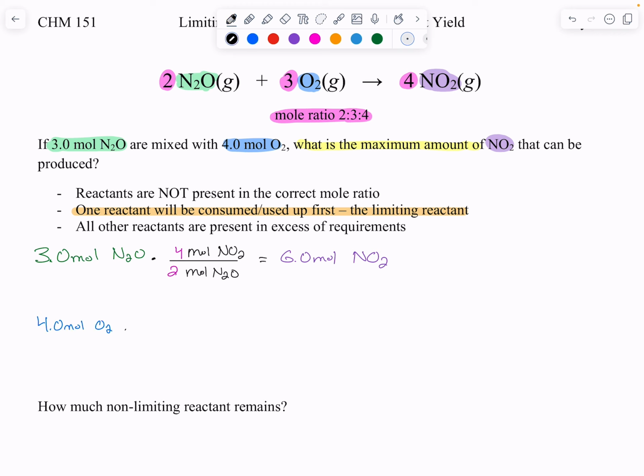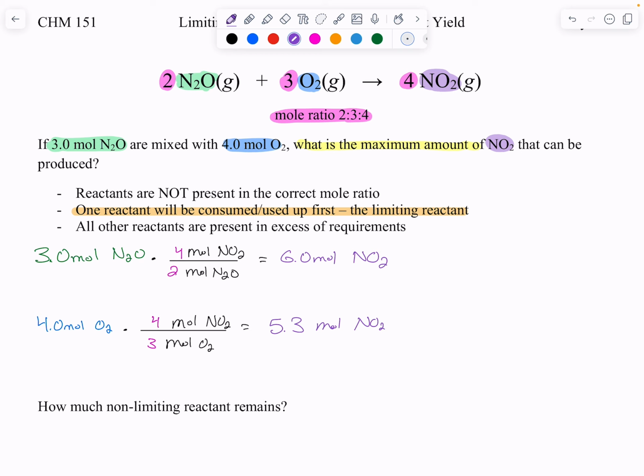If we take our 4 moles of oxygen, we have moles of O2 on the bottom, moles of NO2 up top, and that ratio is 3 to 4. It looks like we get 16 thirds, or 5 1/3, 5.3 moles of NO2 that can be produced.